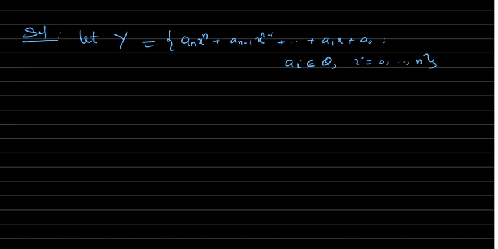So this is the set of polynomials with rational coefficients. Then this Y is countable, because we know that the countable union of countable sets is again countable. So this Y is a countable subset of P of AB.